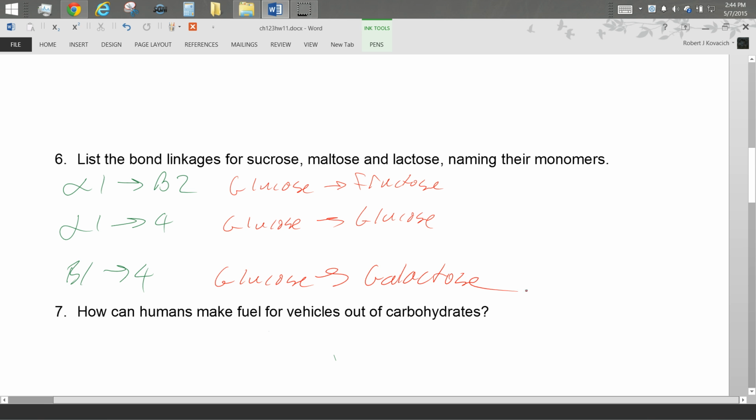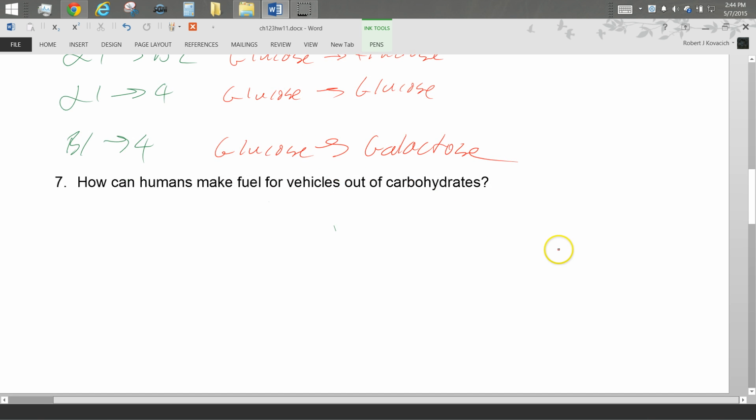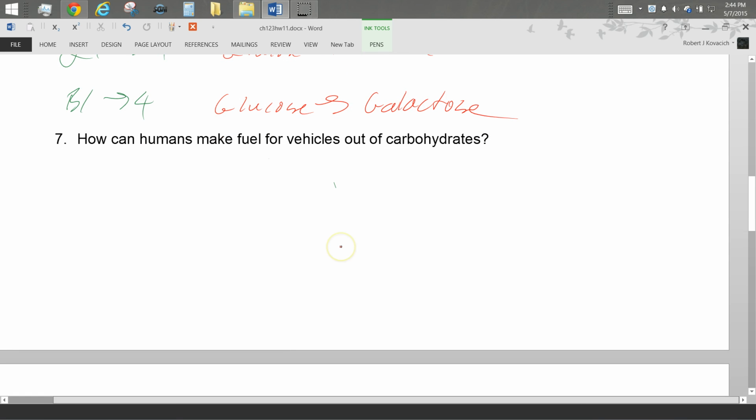Those are alpha D glucose and beta D fructose. They're all D, yeah. We can't metabolize the other form.